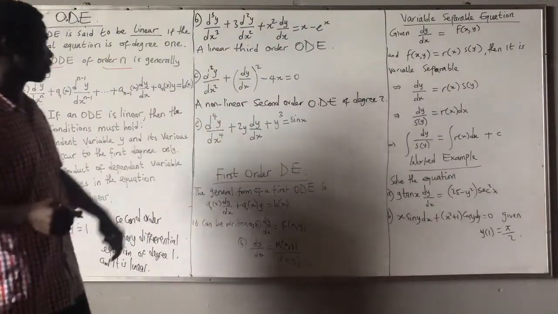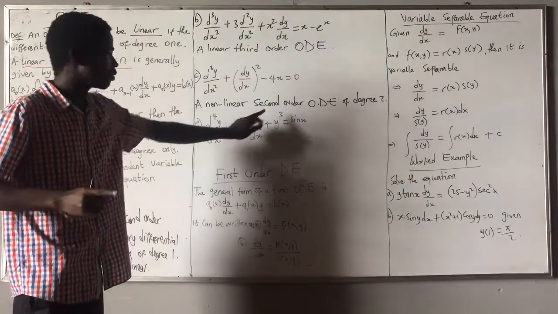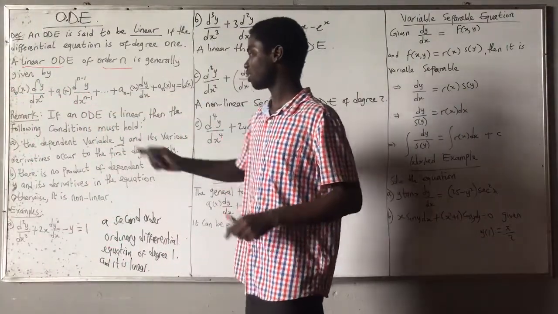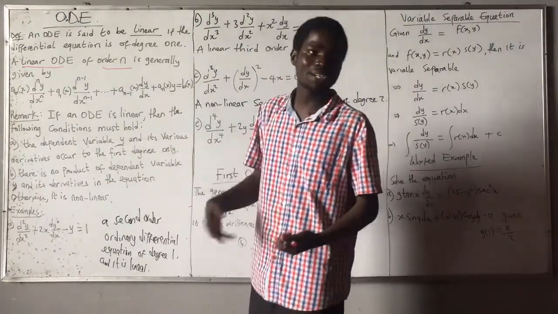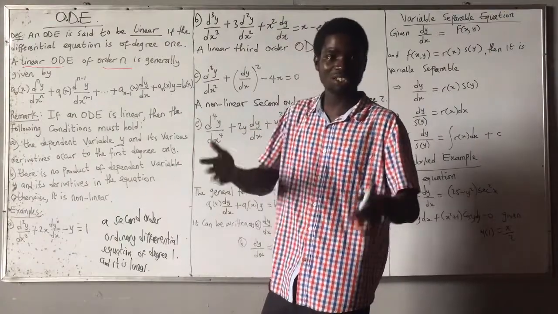Then lastly, this one. y is raised to power 3. Don't forget, they have told me before that the dependent variable y and its derivatives must appear in first degree for it to be linear. Since I don't have that, it is not linear.